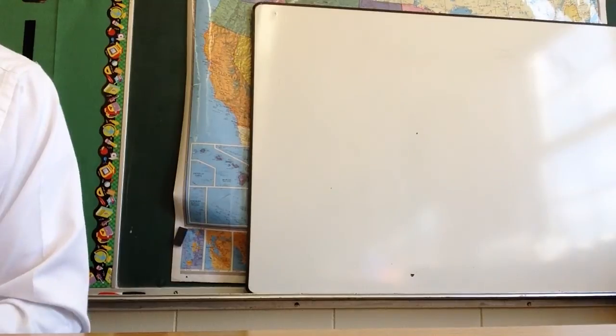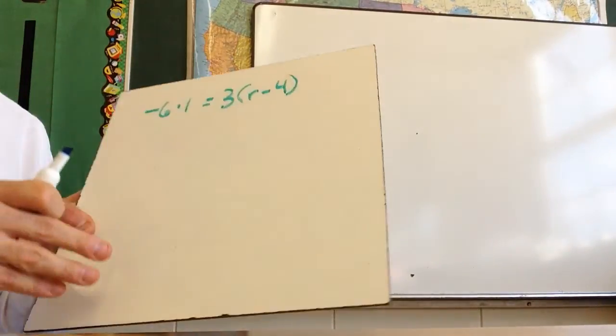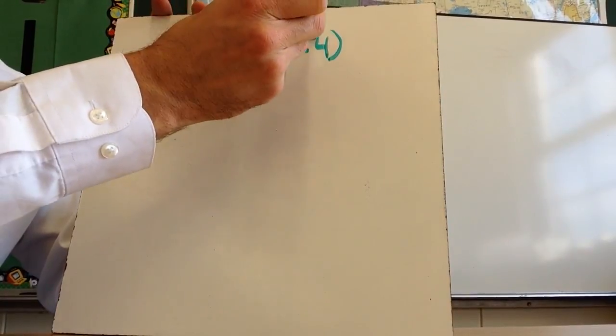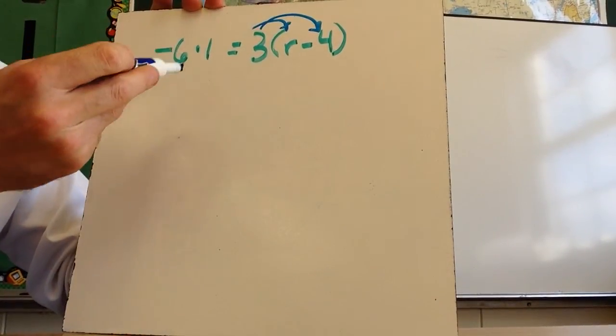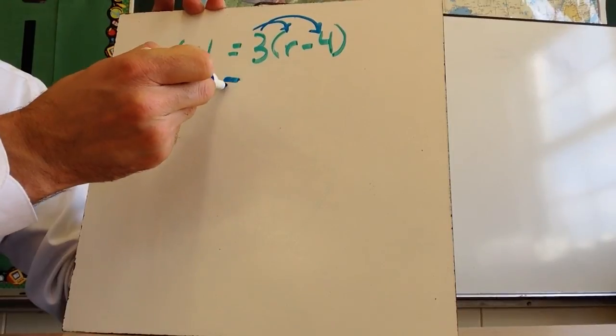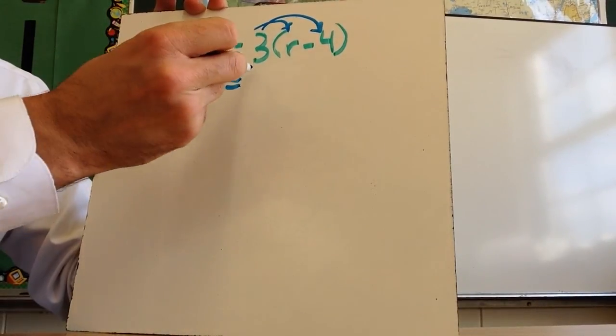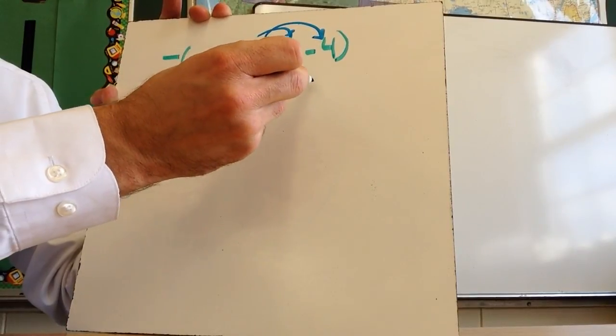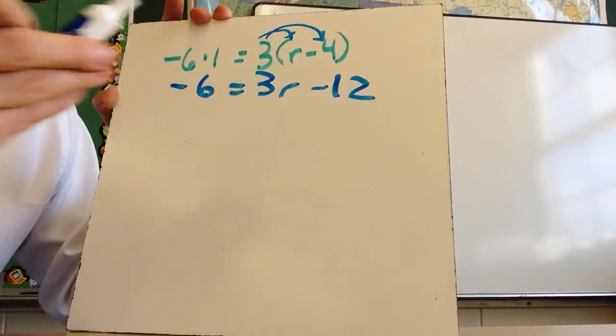I'm going to use the distributive property here. -6 times 1 is -6 equals 3 times r, which is 3r, and 3 times -4 is -12.